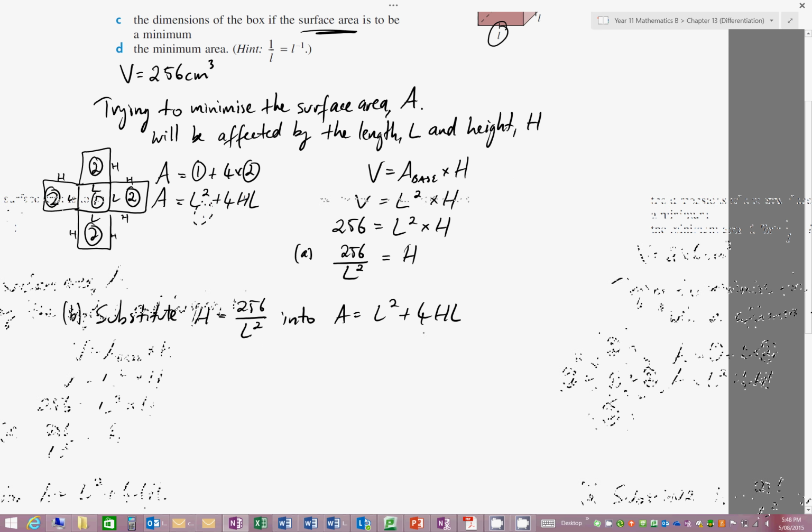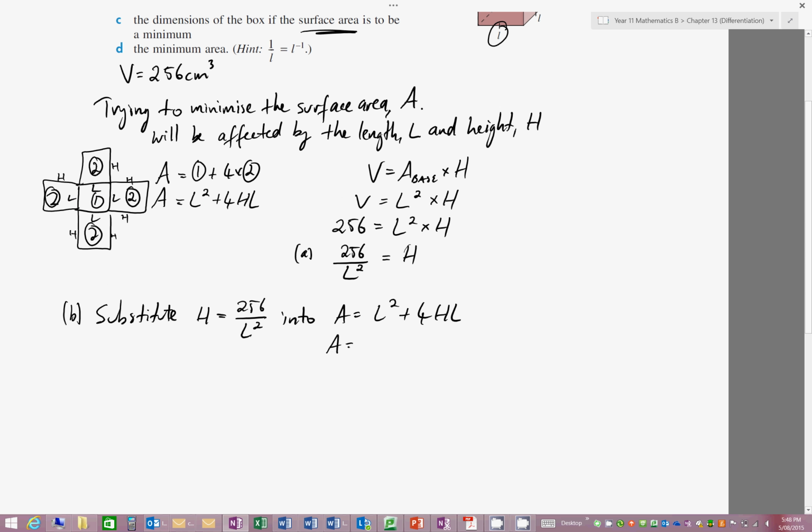Wherever I see H in here, I'll instead write 256 on L squared. 4 times 256 on L squared times L. I've just replaced this H with 256 on L squared.